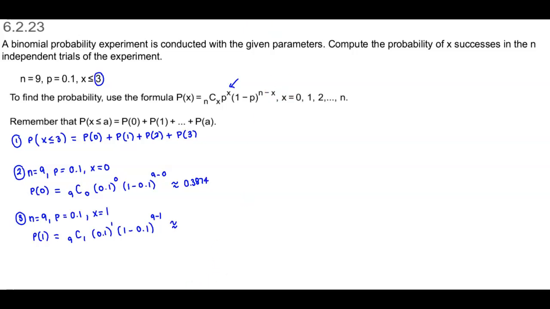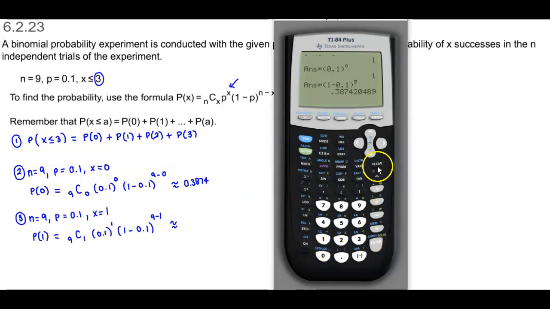Okay, so we're going to go ahead and do the same thing here. We're going to take 9, math, go to probability, go to the combination, which is number 3, and then put in the value of x, which is 1 now. That gives us 9.